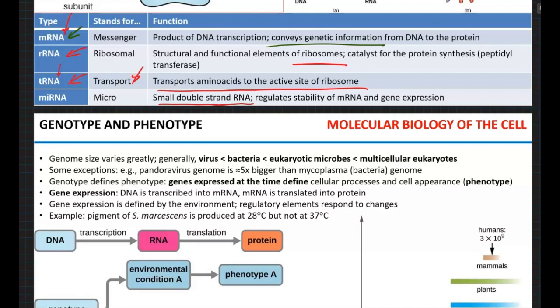MicroRNA, I believe this question. For a short period of time, it exists as a double-stranded RNA. It's a very small bit of RNA that regulates the mRNA stability. I really like the analogy of it being a tag that you sometimes can see in big office buildings. When they get rid of furniture, they put a tag, surplus.